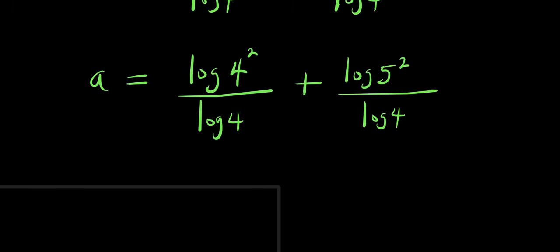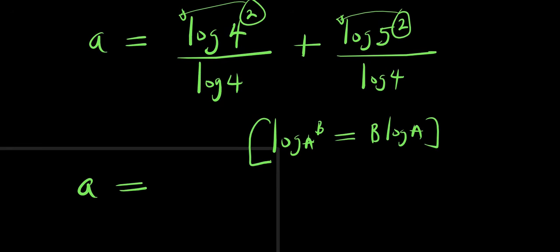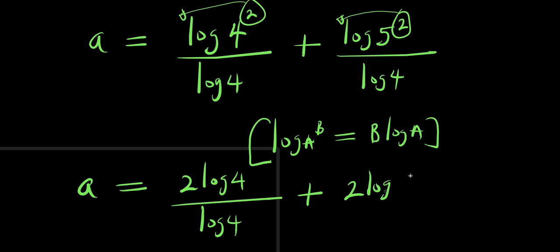So, if you have log a power b, this equals b times log a. So the 2 comes in front of this and the 2 comes in front of this. So you have a equals 2 times log 4 divided by log 4 plus 2 times log 5 divided by log 4.